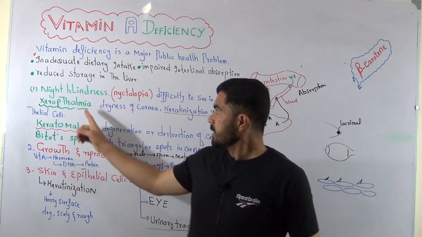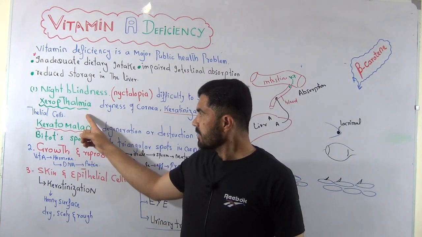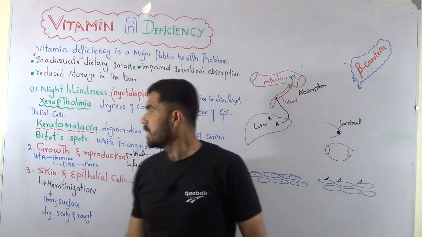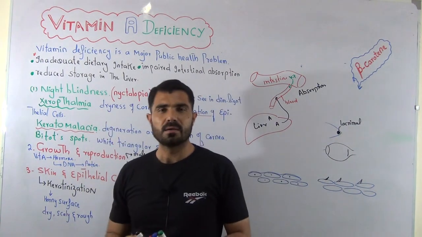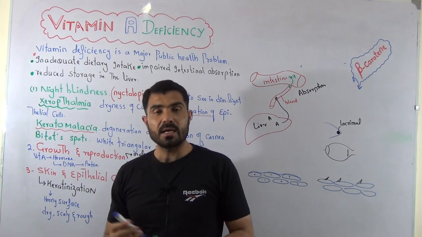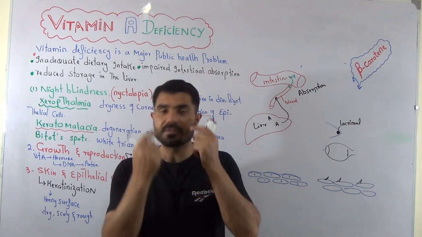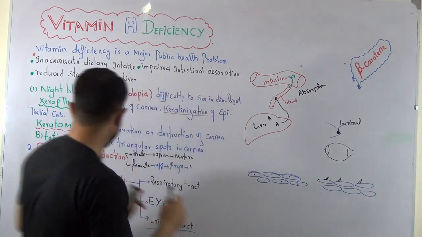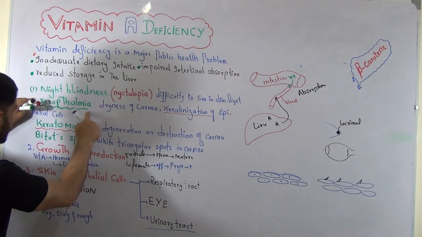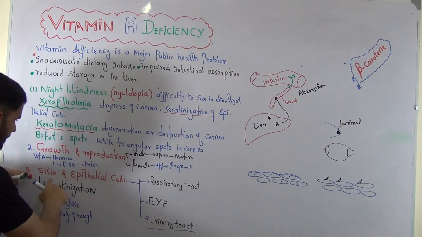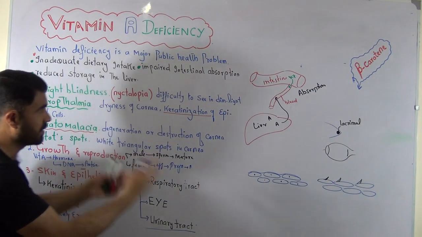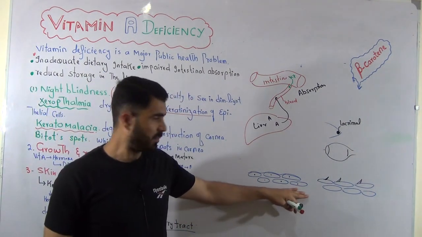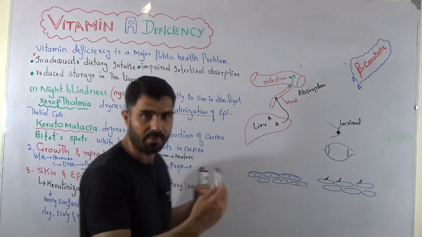The second thing is xerophthalmia. In xerophthalmia, the cornea of the eye gets dry. In order to explain xerophthalmia, keratomalacia, skin and epithelial changes, I need to tell you something about epithelial tissue in your body.